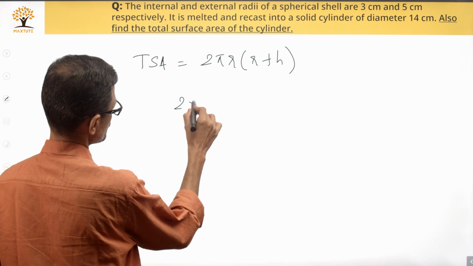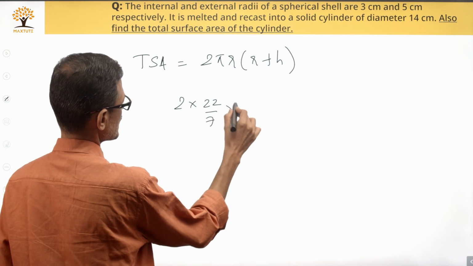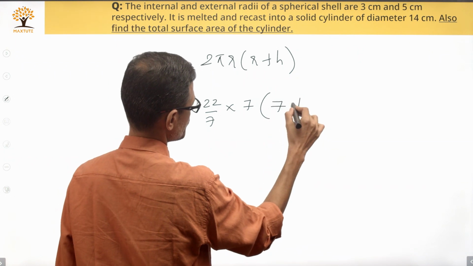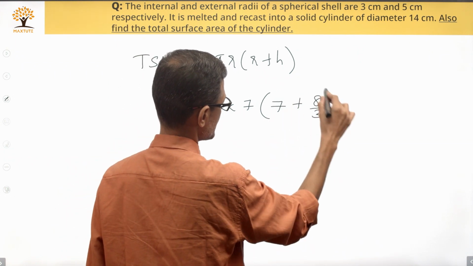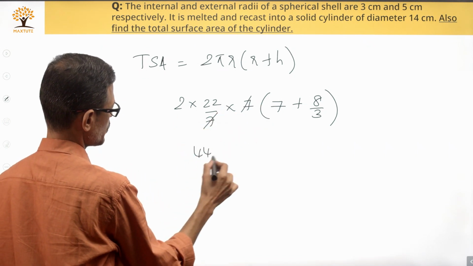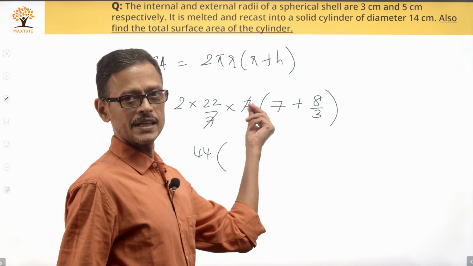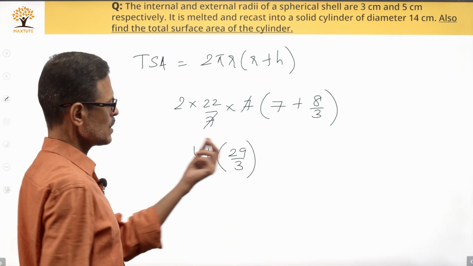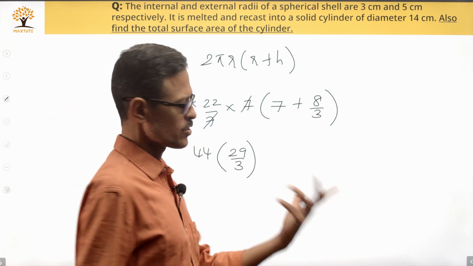So that's 2 times 22/7 times R, which is given as 7 centimeters, times (7 plus 8/3), where 8/3 is the height that we computed. 7 gets cancelled with 7. That leaves us with 44 times, with 3 as a common denominator, (21 plus 8), which is 29, divided by 3. 44 into 29, let's do the calculation normally.